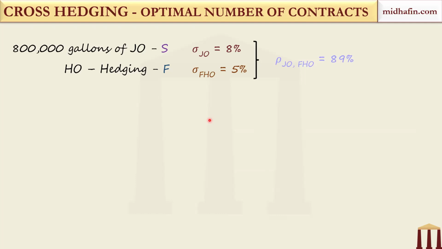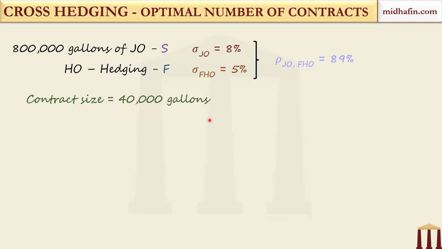Now you are given that the contract size is 40,000 gallons, let's say. These numbers have been framed just to make sure that you understand the calculations properly. Practically, gallon sizes are generally 10,000 or even 1,000 gallons, but we have changed the numbers so that you can understand the calculations.